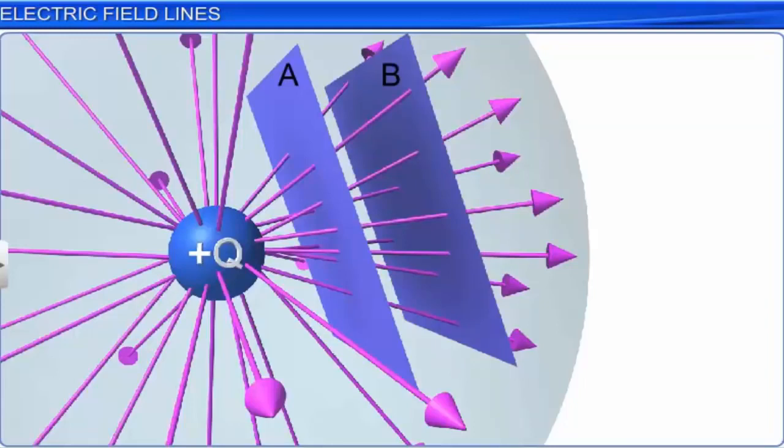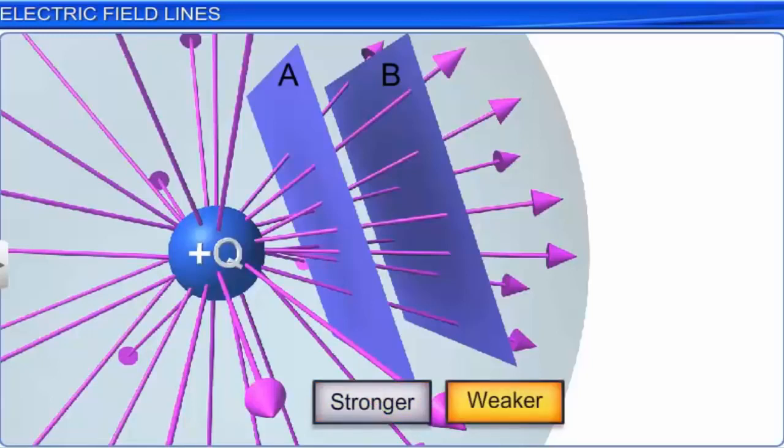This indicates that the strength of the electric field at A is greater than the field at B. As the electric field strength is stronger in region A and weaker in region B, the electric field shown is a non-uniform electric field, as the field strength varies from region to region.